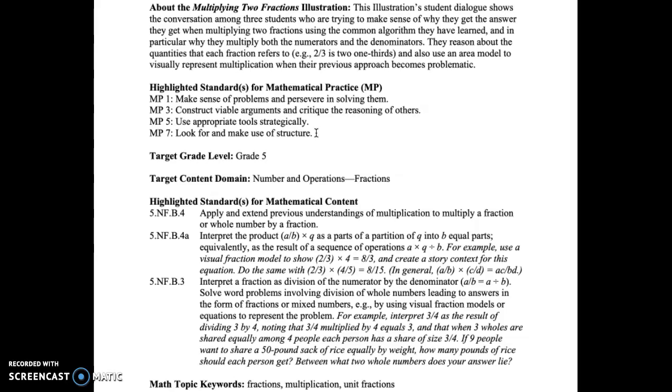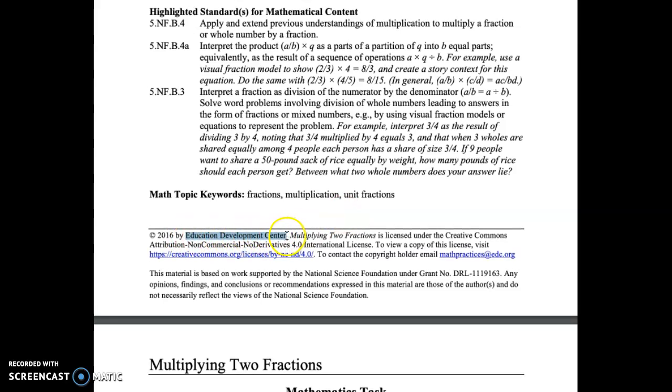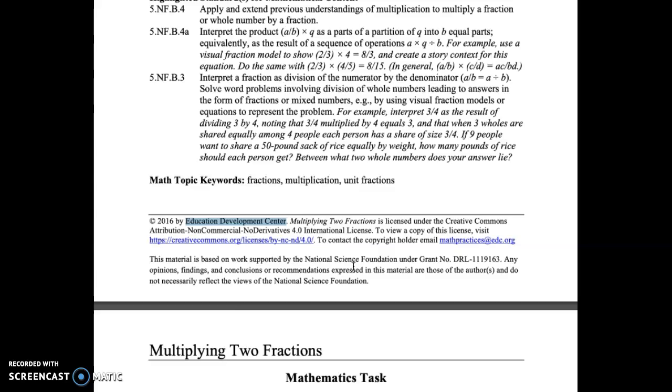There are specific mathematical standards as well. Notice that they have math concept key words or vocabulary. I'm going to say that one more time: math topic keywords, fractions, multiplications, unit fractions. And you can see this is sourced from the Education Development Center.